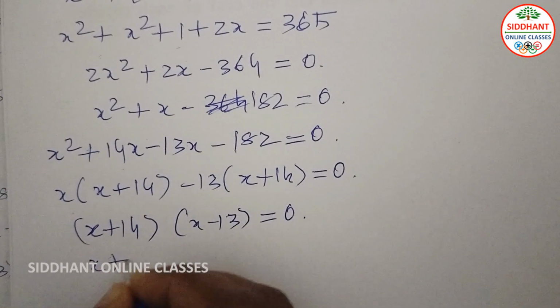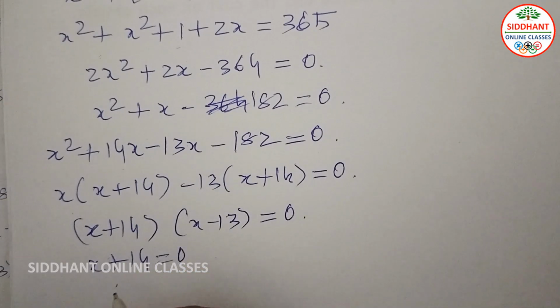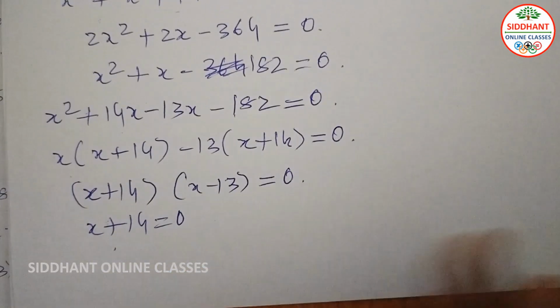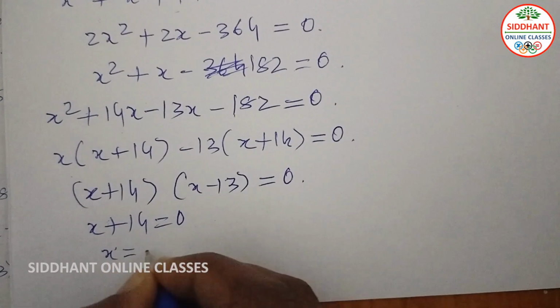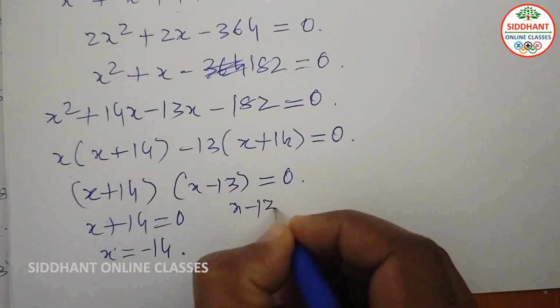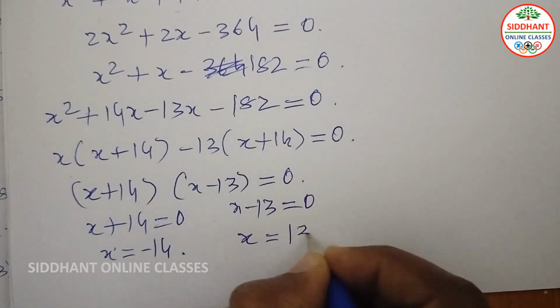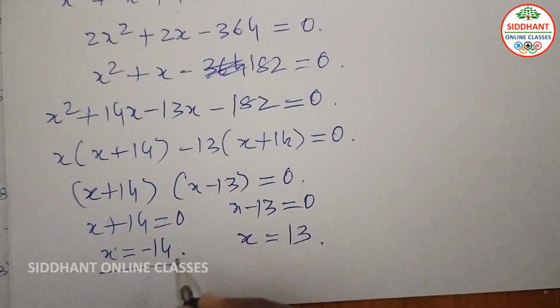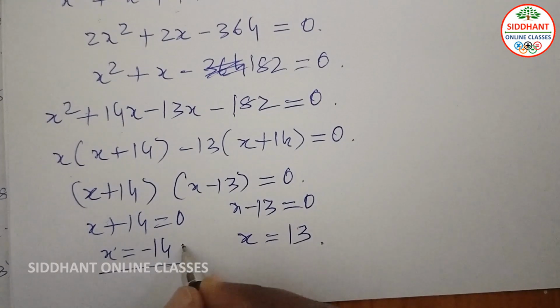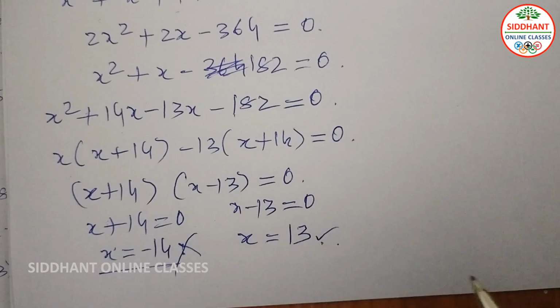So x plus 14 equal to 0, then x equal to minus 14. Another is x minus 13 equal to 0, x equal to 13. So omitting minus 14 here, taking 13 as the number.